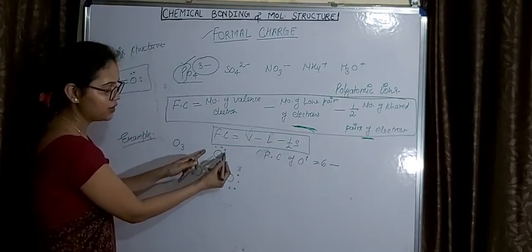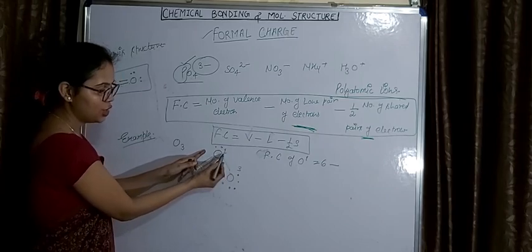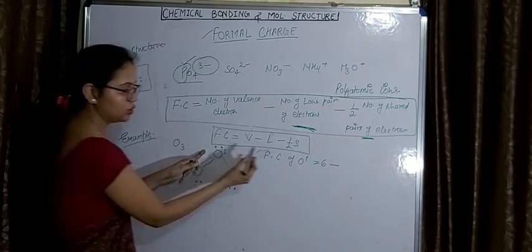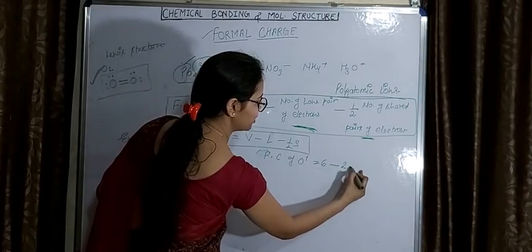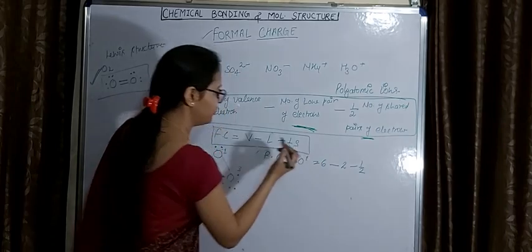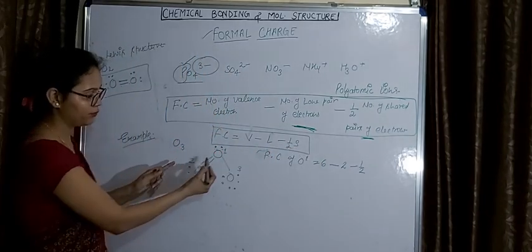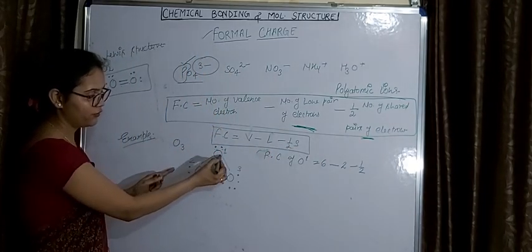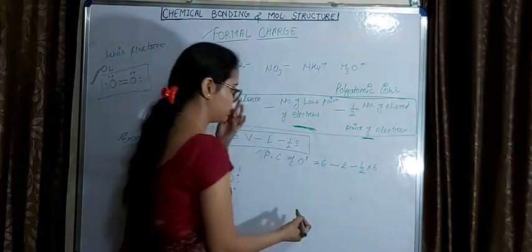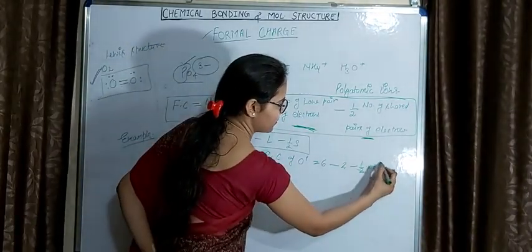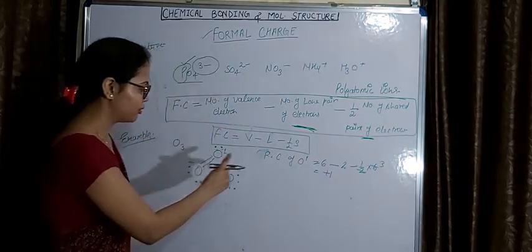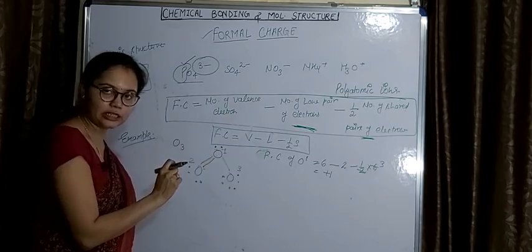As we are talking about the first oxygen, the lone pair of electrons are 2, so 2 minus 1 upon 2 as given in the formula. Now we will check the shared pair of electrons. 1 2 3 4 5 6, so here 6 electrons are used. Plus 1. So the formal charge of O1 is plus 1.